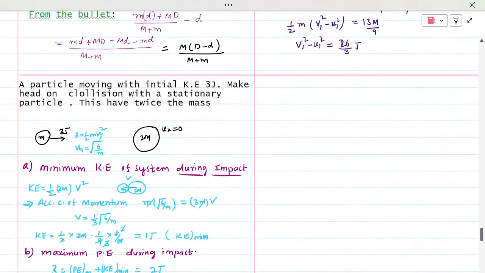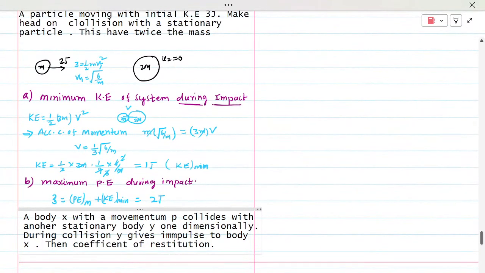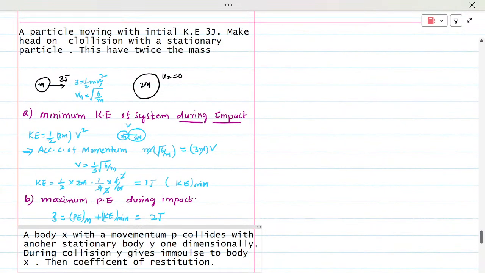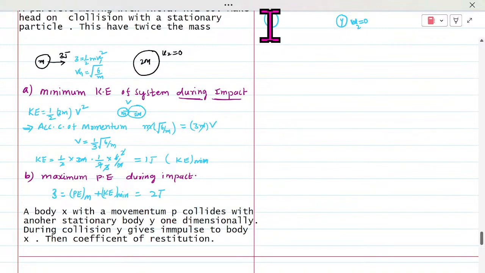So coming to this, see once. This is the collision of mass, body X with mass equal to m, consider, and there is another body Y. Its mass is not given here, but remember that its velocity u2 is equal to 0, and this particle's momentum is given as P, that means P is equal to m1 into v.